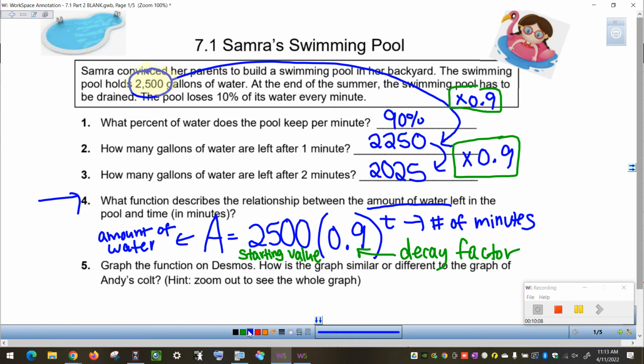All right, so I'm just going to put in a couple of notes about that here, that they both have a curved shape, so that is a way that they are similar. But then the way that the swimming pool one is different is that it's decreasing instead of increasing.